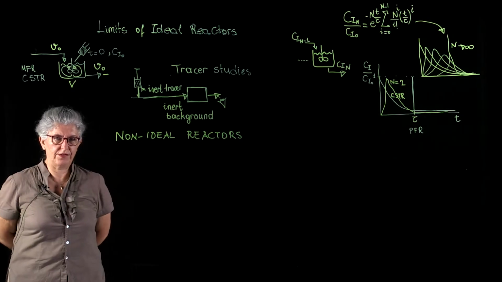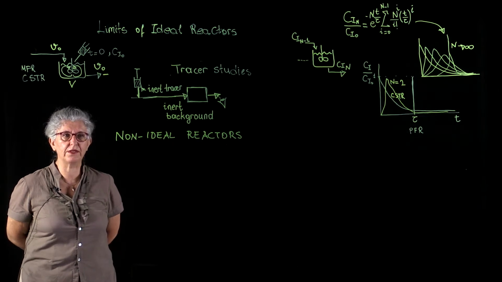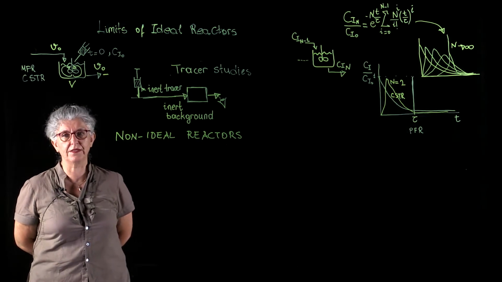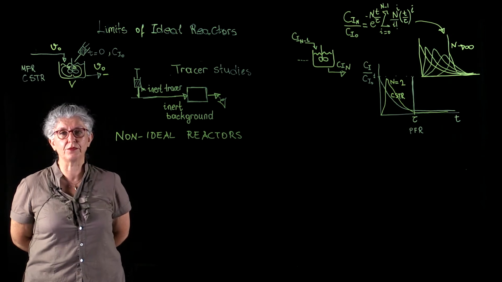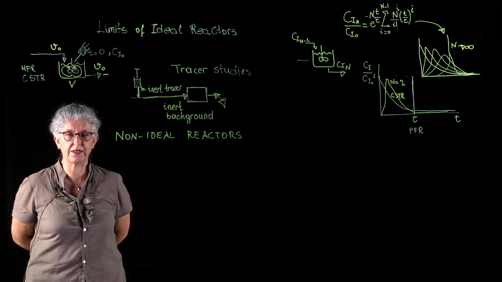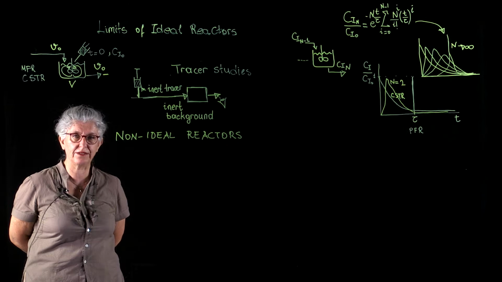Well, our next subject is to learn how to treat non-ideal reactors with the tools that are available to us. The tools that are available to us are the treatments that we can perform with the ideal reactors.